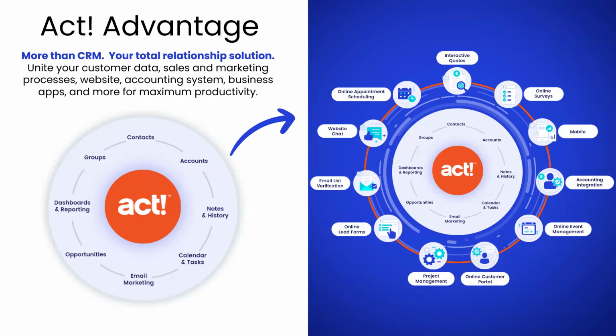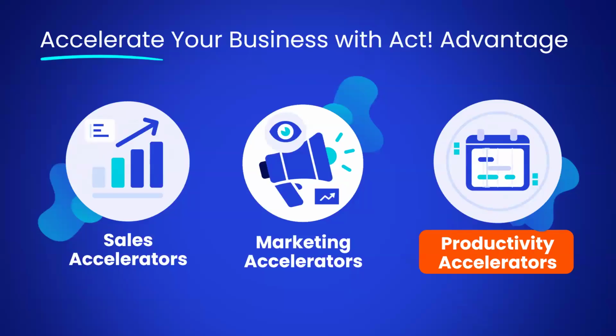We're really excited about the value that this unlocks for our customers, and the response so far has been pretty positive. We like to think about ACT Advantage as delivering value through three categories of functionality: sales, marketing, and productivity accelerators.